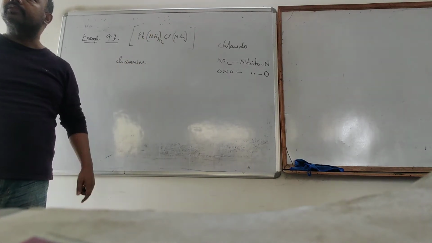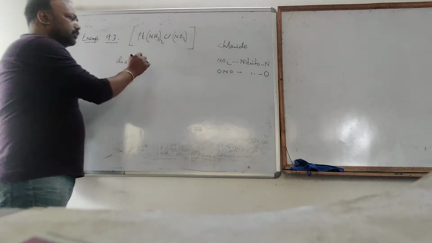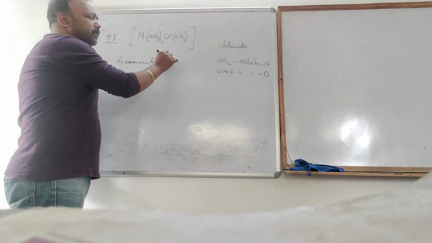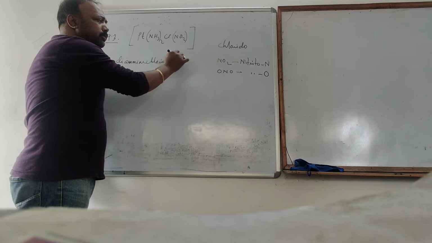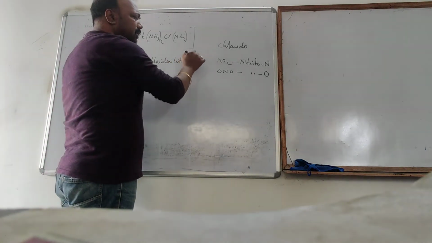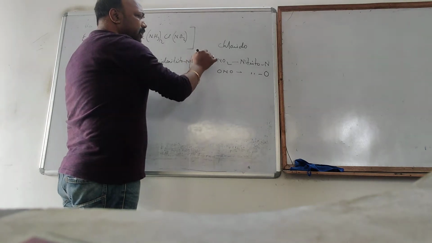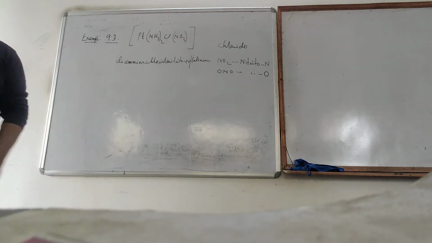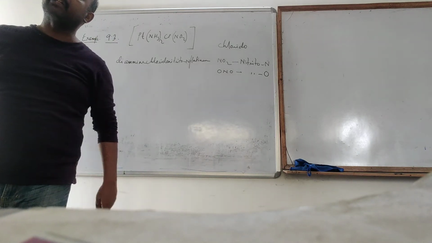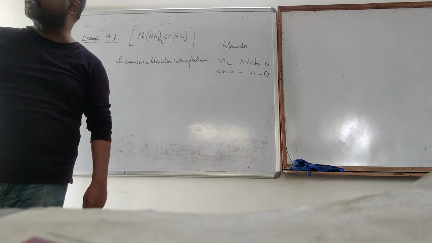Then chlorido. Then nitrito N. Done. Then the metal. What is the metal? Platinum. Now this is neutral, so we are going to write down the name of the metal only. And after naming the metal, within bracket we have to write its oxidation state in Roman. That's another rule.